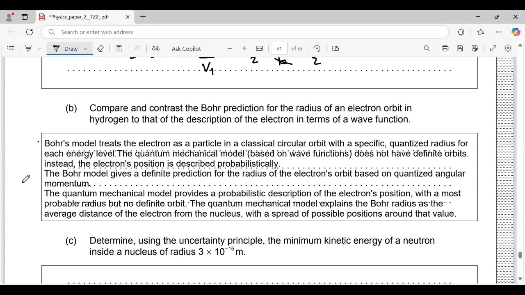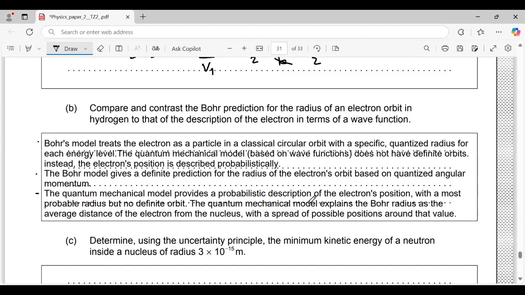Next, the Bohr model gives us a definite prediction for the radius of the electron's orbit based on quantized angular momentum. And the quantum mechanical model provides a probabilistic description of the electron's position with a most probable radius but not a definite orbit.